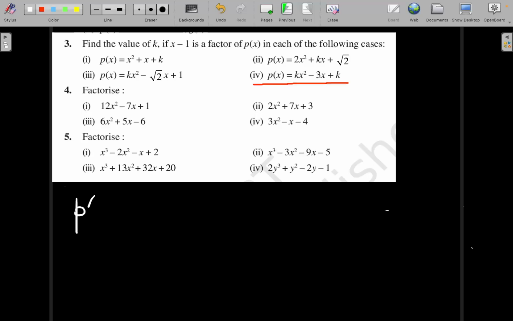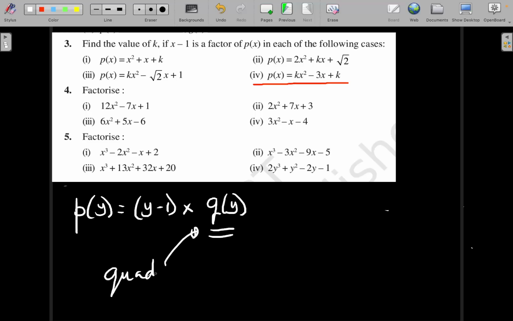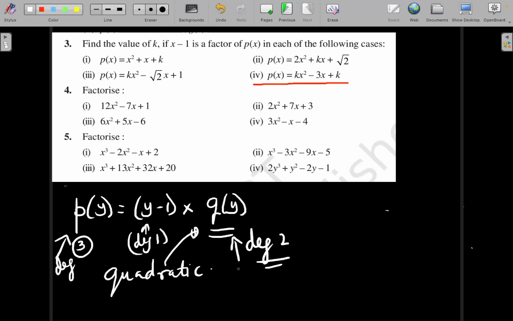It is very clear that p of y is equal to y minus 1 into some quotient of y, and अभी मेरे को अभी q of y पता नहीं है, सिर्फ इतना पता है कि वो quadratic होगा, because this is of degree 3, and now this is of degree 1, so the remaining term will be of degree 2, and that would mean it's a quadratic.